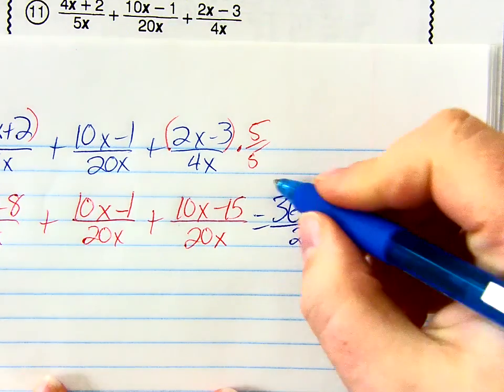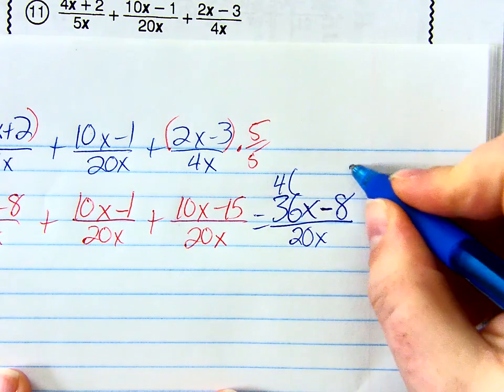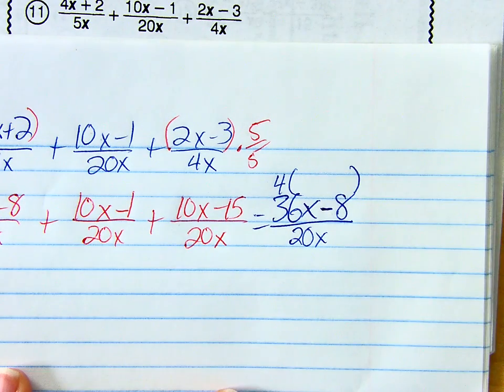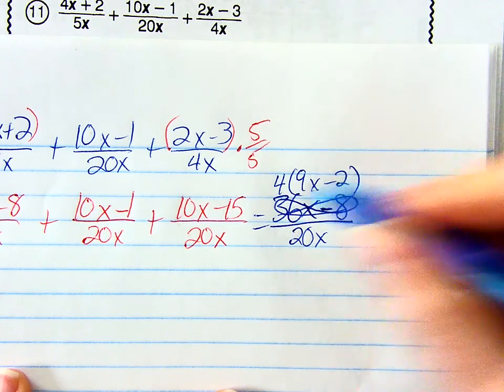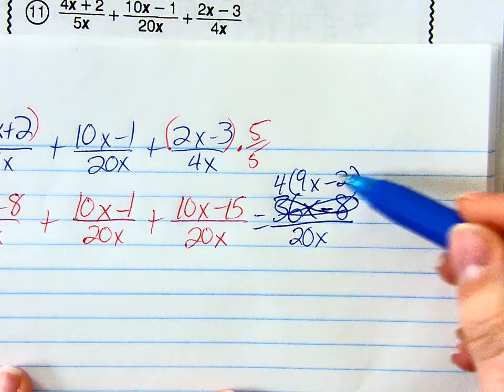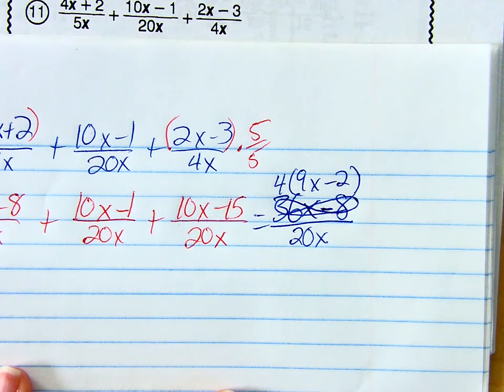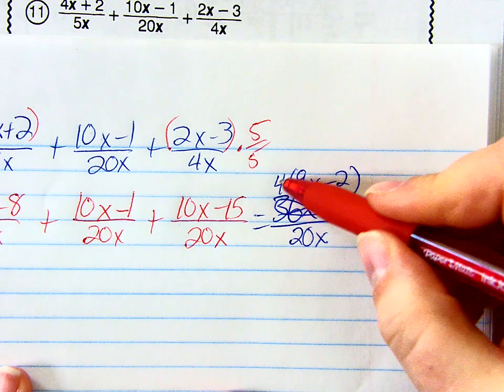I can take out a 4. So if I take out a 4 from the numerator, what would be left? 9x minus 2. Now I factored this completely, this can't be factored. Can I cancel anything out? Yeah, the 4 and the 20.